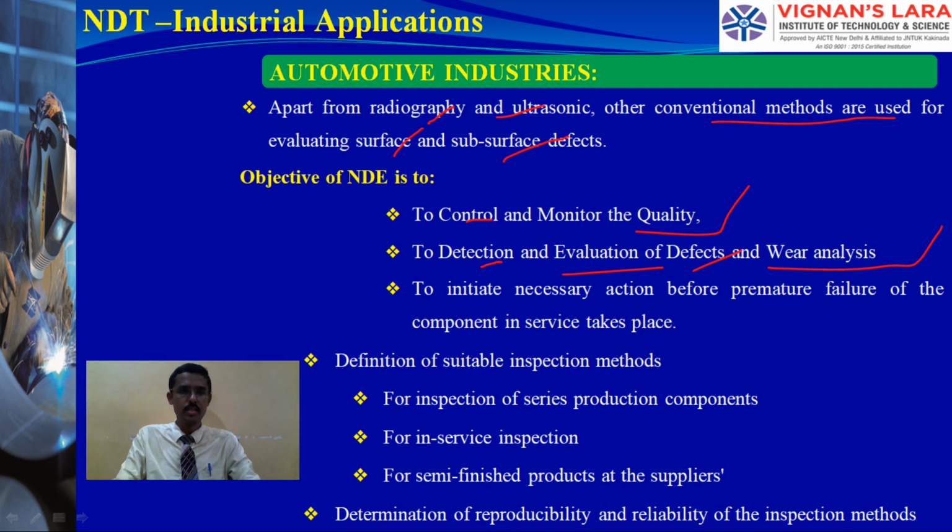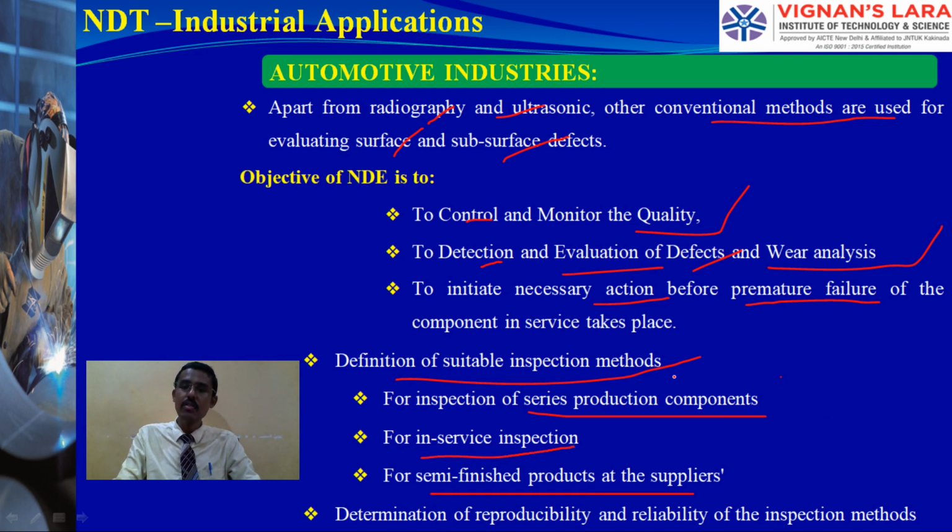Yes. To initiate necessary action before permanent failure, or before premature failure has started to take place. We have to find it early and start the repairing process early. Definition of suitable inspection methods, like for inspection of serial production components, in-service inspections, or semi-finished products.